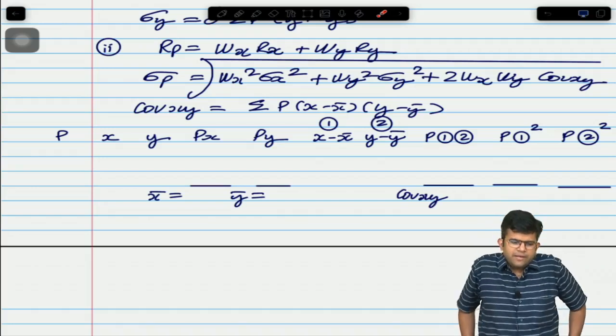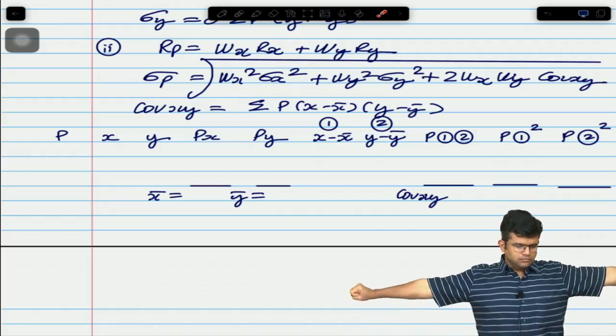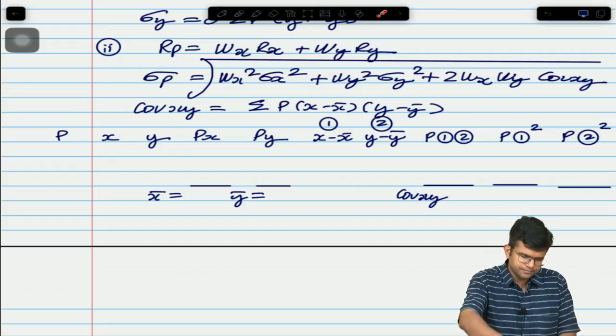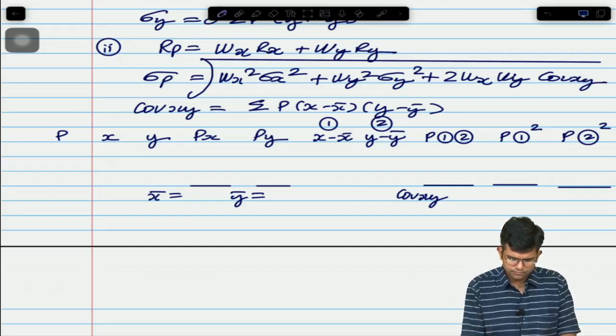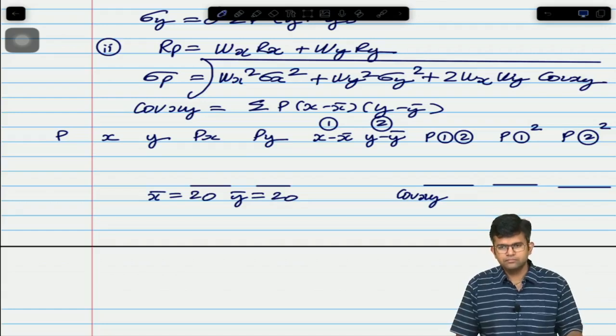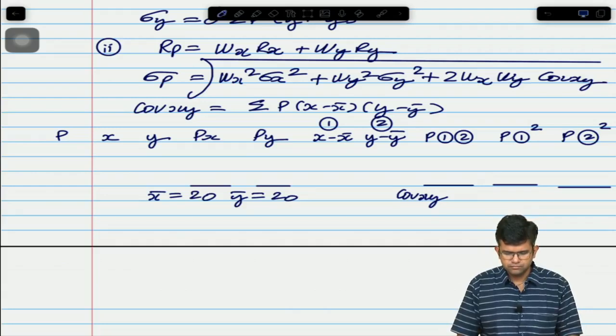What are X bar and Y bar, please? $20 each. Anyone got covariance?